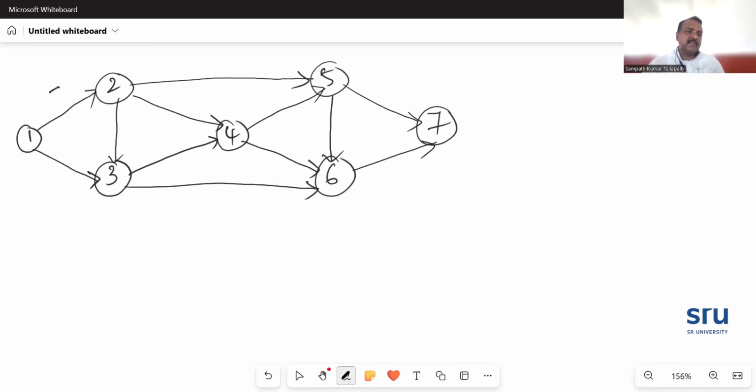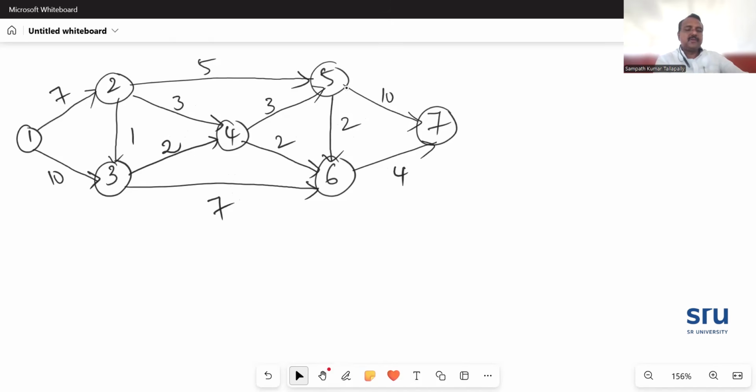So the capacity here is 7, this is 10, this is 1, this is 5, this is 3, this is 3, this is 10, this is 2, this is 4, this is 2, this is 7, and this is also equal to 2. So now we have a graph.